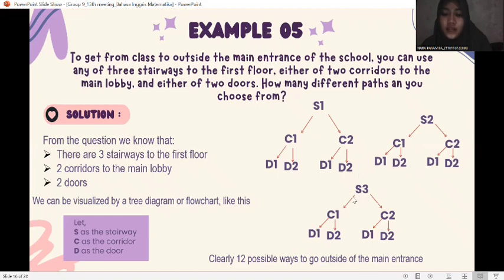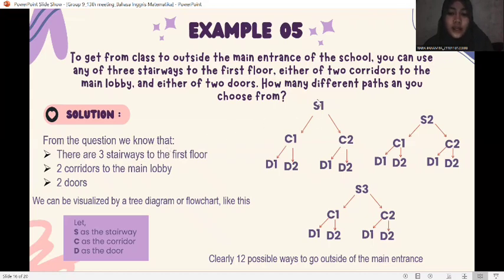Stairwell 3 has C1 and C2. Each corridor has two doors. Let doors be D. The two doors are D1 and D2.